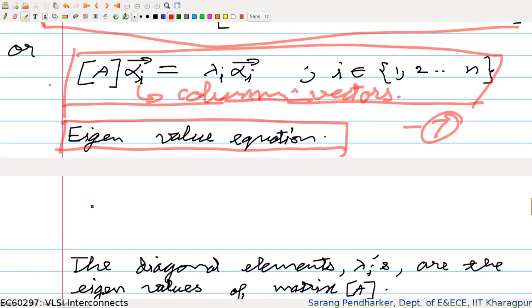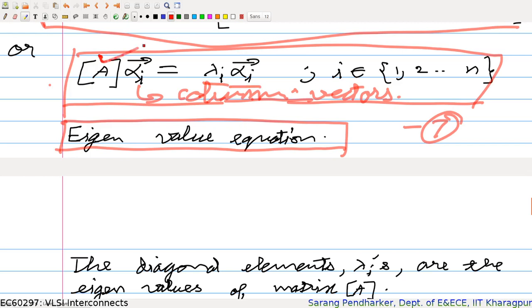And what do you want to find out? What was unknown? The transformation matrix T was unknown, so P was unknown, and the entries of my diagonal matrix were unknown, so lambda i's were unknown. So lambda i and alpha i are unknown.